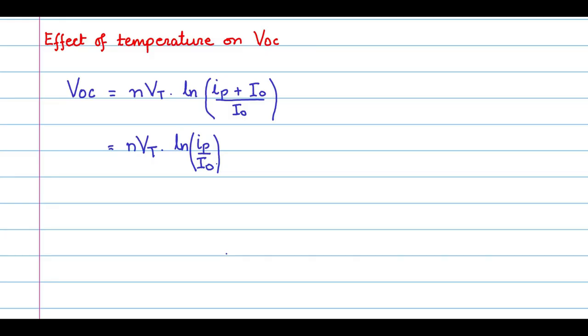So apparently, if you look at this equation, it is not directly evident that VOC will decrease if temperature increases. However, you should note that VT is a function of temperature, that is T by 11,600. I0 is also a function of temperature. It is an exponential function of temperature.